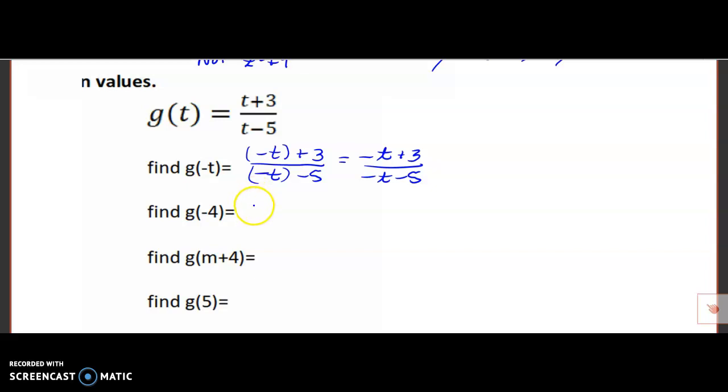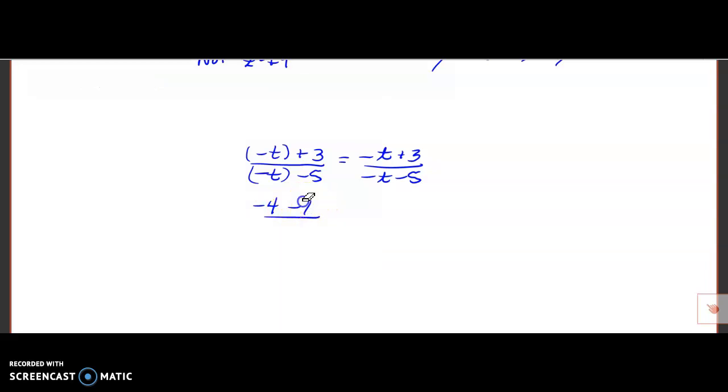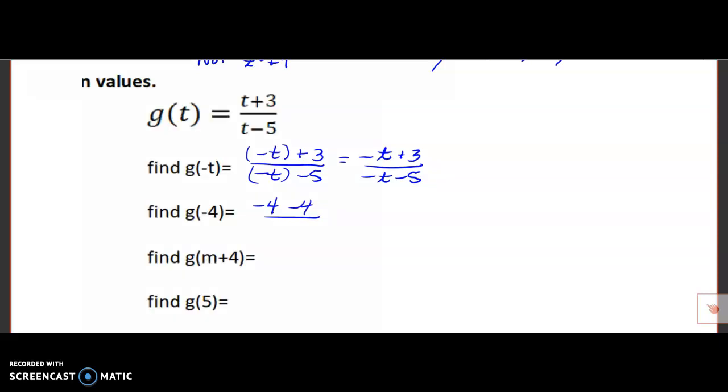G of negative 4, let's replace the t with the negative 4. Okay, replacing the t with a negative 4, I get negative 4 plus 3 over negative 4 minus 5.